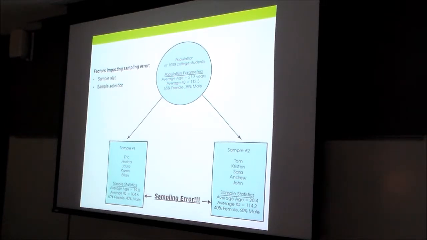What else? Possibly SES. SES, right? Exactly. People with more means tend to be able to go to college, whereas people who don't, right? All sorts of stuff. So you could hypothesize general aptitude, intelligence, ethnicity, right?